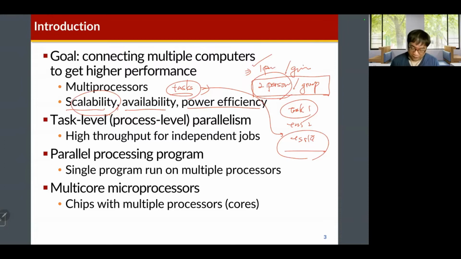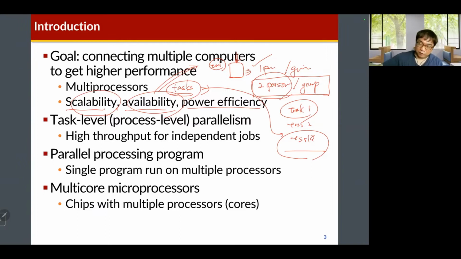Okay, and then availability means that when a task is assigned to a certain processor, this processor needs to communicate with some other part of the CPU chip.